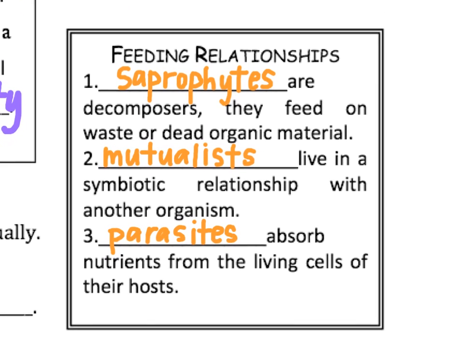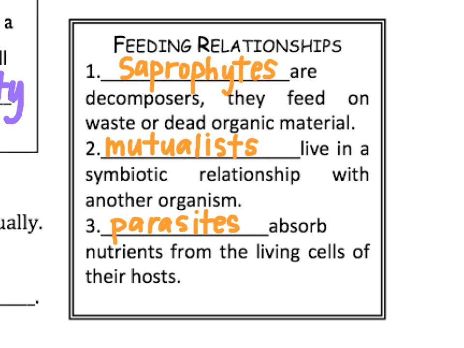There's several different types of feeding relationships that fungi use to be able to get their food. Saprophytes are what we've been talking about as decomposers. It's another word for decomposer. So they feed on waste or dead organic material, things that are decomposing. There's also mutualists, which live in a symbiotic relationship with another organism. So you can think about things that kind of work together in relationships.